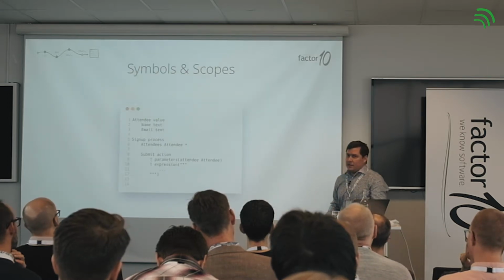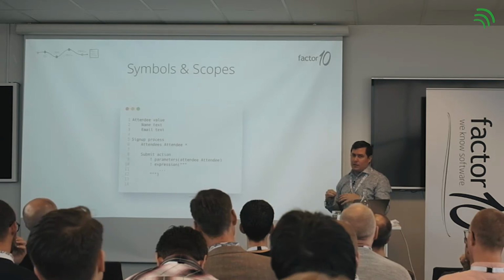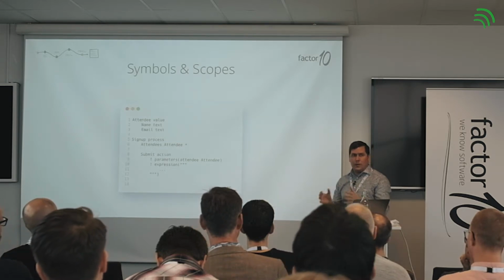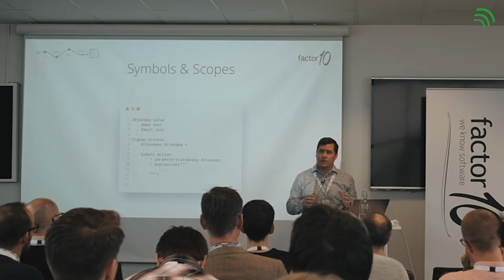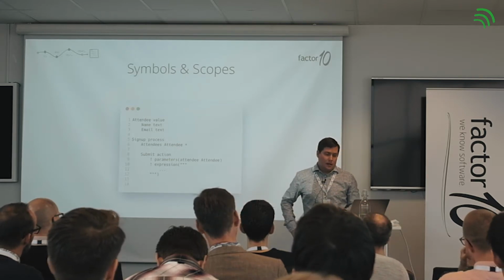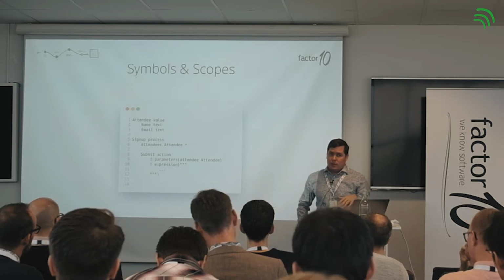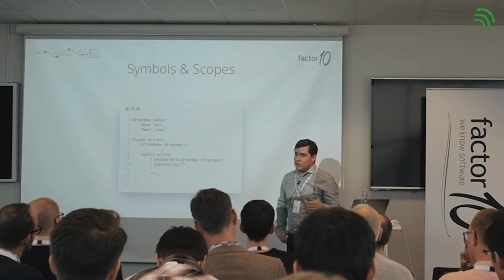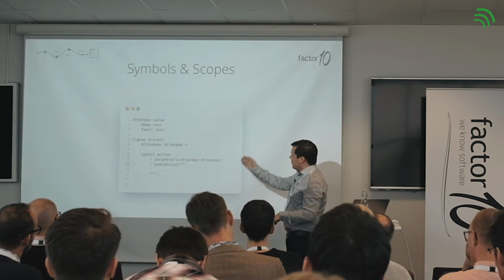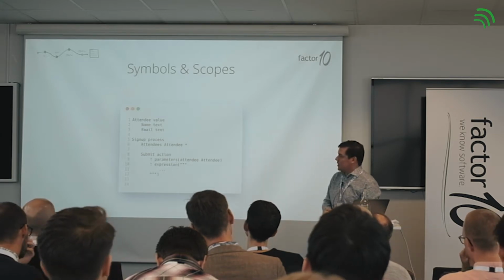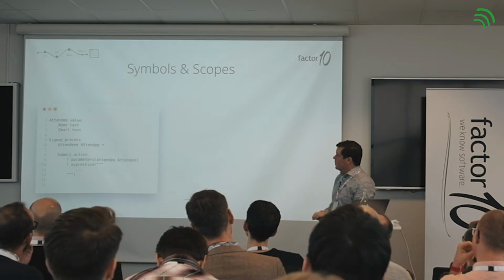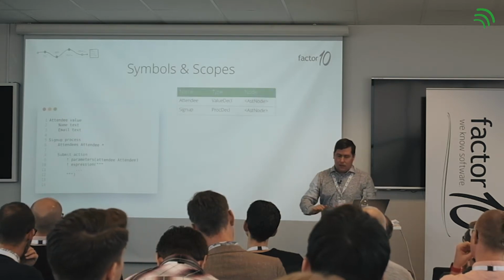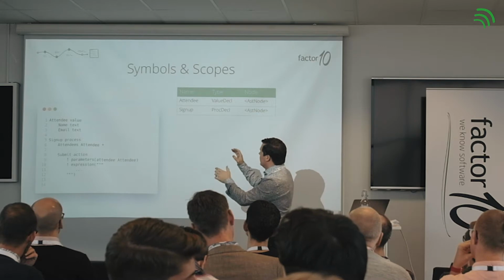So the AST is one of the foundations, the most important structure when it comes to editor support, and it's also used very much in a compiler. But there's another thing as well, which is called symbols and a symbol table. And again, if we look at this example DSL we have, we can see that we have scopes. Like in the root scope, we have two symbols.